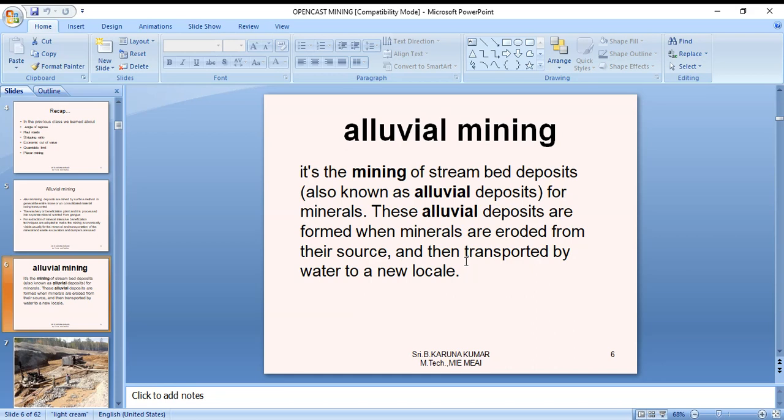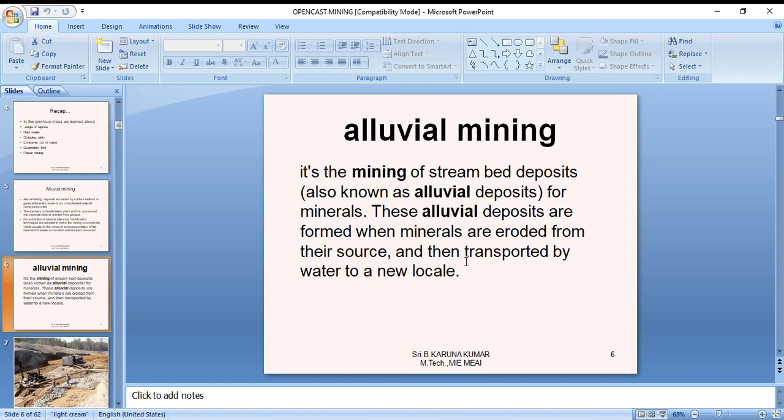Now, another definition: the mining of stream bed deposits, also known as alluvial deposits. Sometimes they are called stream bed deposits. These come from a particular water weathering process, and the deposits are formed in specific locations.